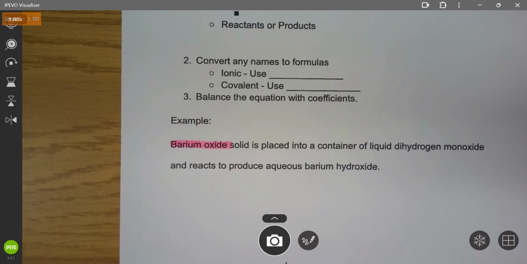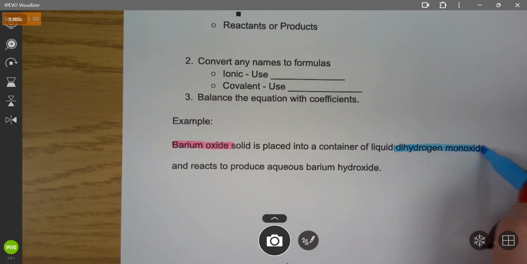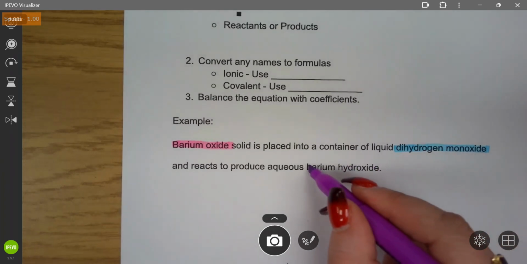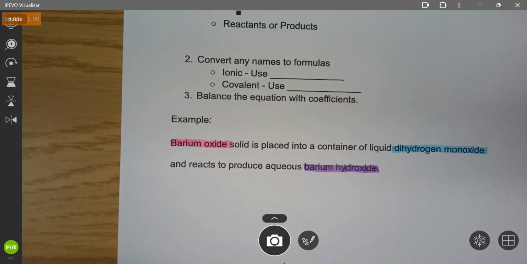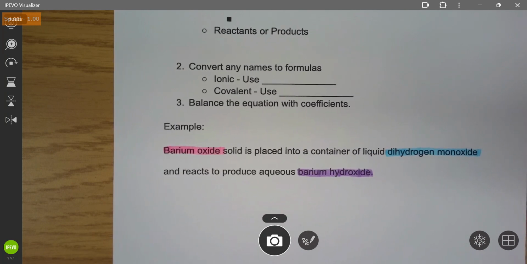Barium oxide solid is placed into a container of liquid dihydrogen monoxide. There's another compound, dihydrogen monoxide, very helpful to have, and reacts to produce aqueous barium hydroxide.